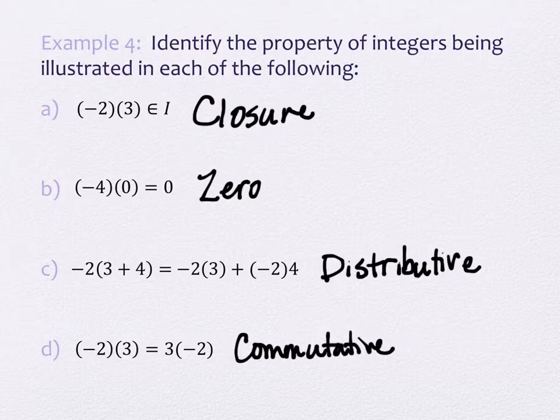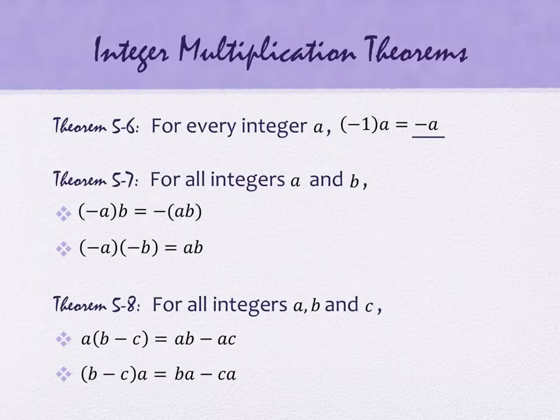Lovely. All right, a few more facts to finish up for today about integers, some multiplication facts. For every integer a, if you multiply negative 1 times a, it will be the opposite, or the additive inverse, of a. For all integers, if you have negative a times b, this is equal to the negative of a times b.